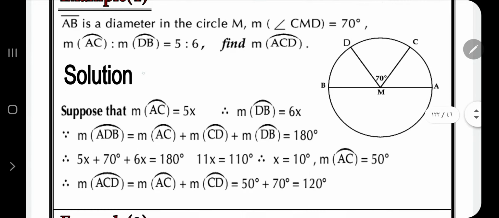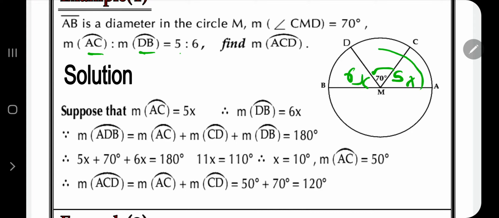The next example. If I have the measure of angle CMD equal 70 and the ratio between arc AC and arc BD equals 5 to 6, I will write AC equals 5x and BD equals 6x.